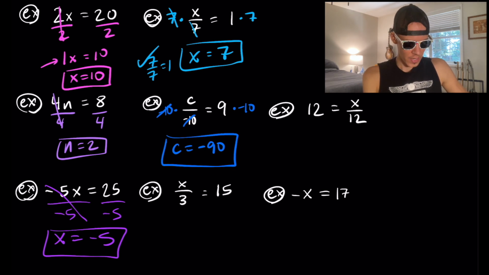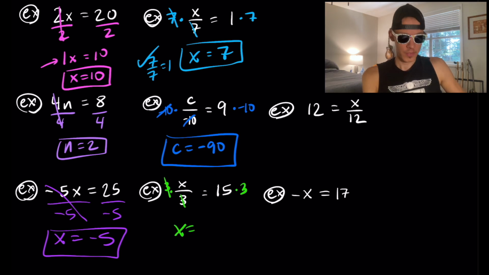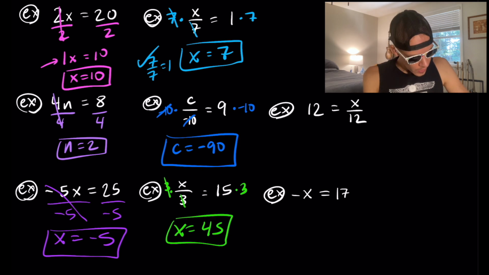x divided by 3 is equal to 15. So I'll just multiply both sides by 3. These 3's are going to cancel, so I'll be left with x is equal to 15 times 3, which is 45. And the last two here, 12 is equal to x over 2.